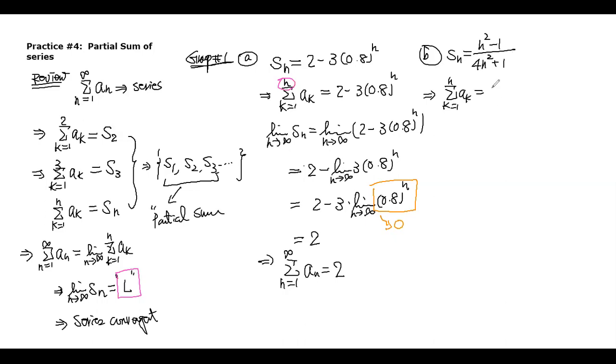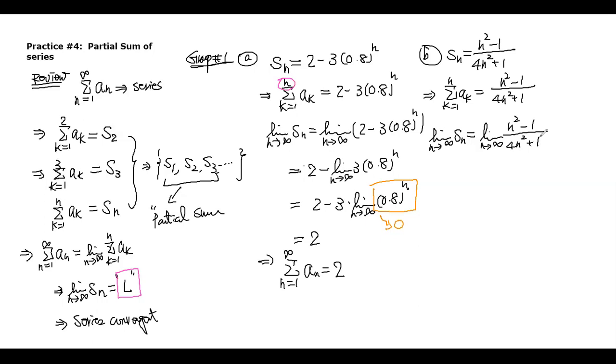When you add them up, this will be (n squared minus 1) over (4n squared plus 1). So I want to find the sum of this series. I will take the limit as n approaches infinity of S_n. So what is S_n here? It's the limit as n approaches infinity of (n squared minus 1) over (4n squared plus 1).